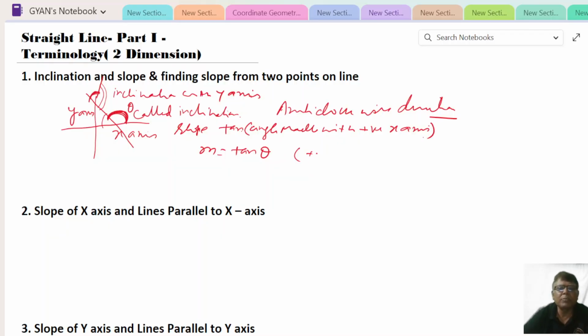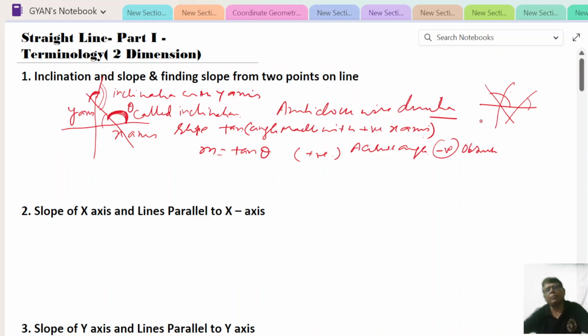This may be positive or negative. Positive for an acute angle and negative for an obtuse angle. So this line has positive slope and this line has negative slope because it's an obtuse angle.